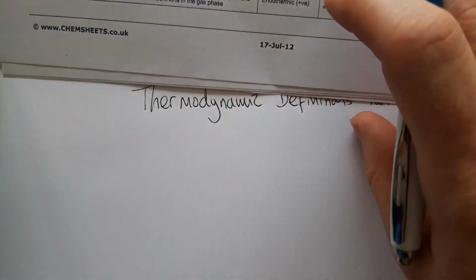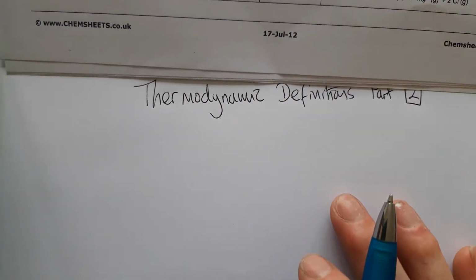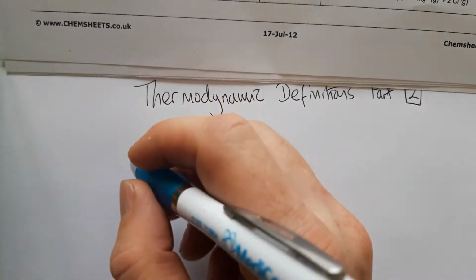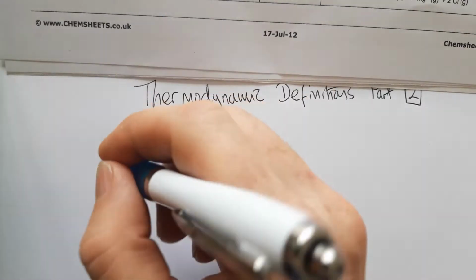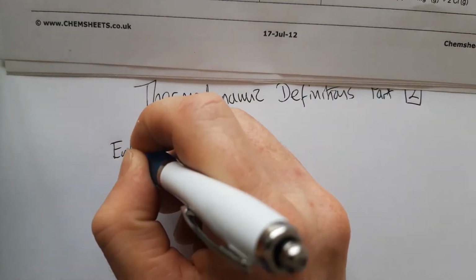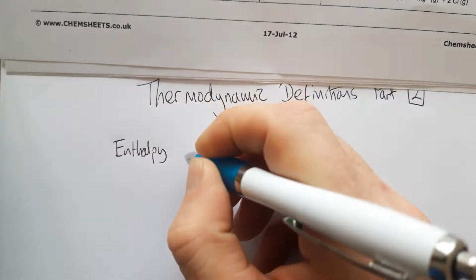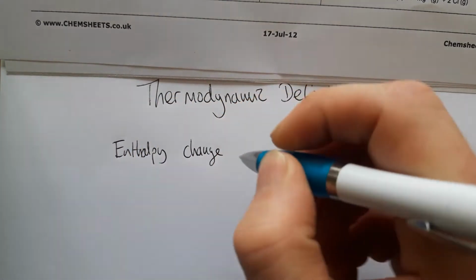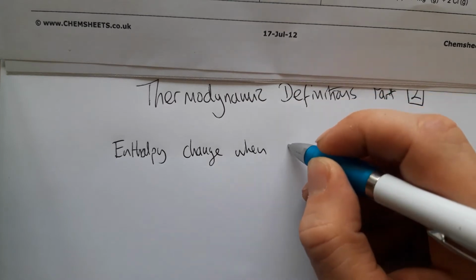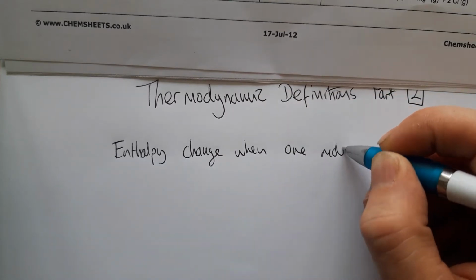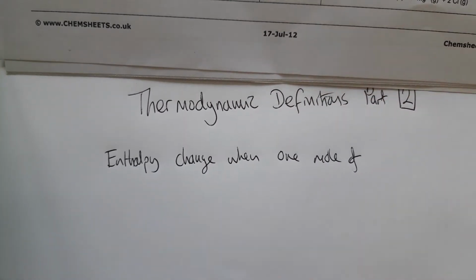This is one that you've known about since sort of GCSE time. Bond dissociation enthalpy, remember how these all start, is the enthalpy change when 1 mole of something is turned into something else, or when 1 mole of something is formed.